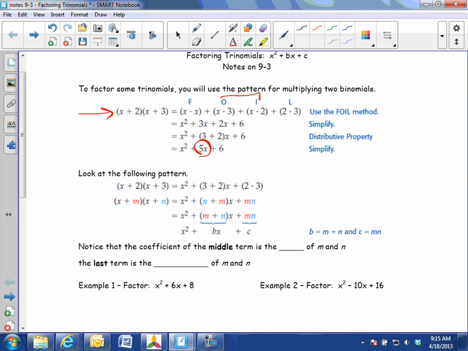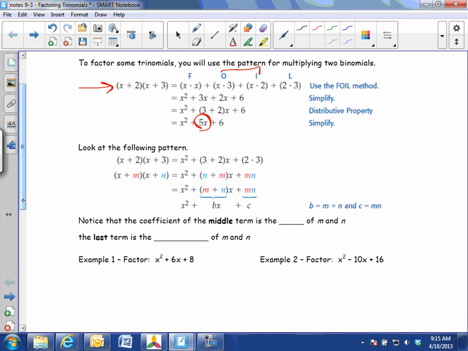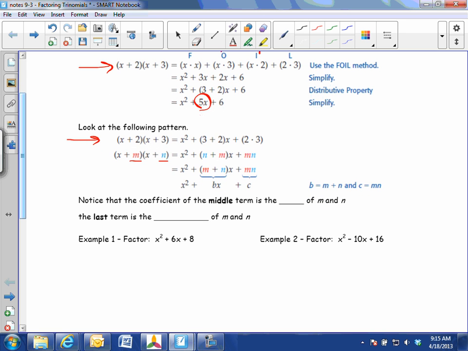Yes? Okay, so what we're going to do is look at this pattern down here. We're still foiling, but instead of using numbers, they're using m's and n's. Okay, so what they've done is they said first times first is x squared. Then they say, well, I know since these insides and outsides are going to be able to be combined, they've already added them together.